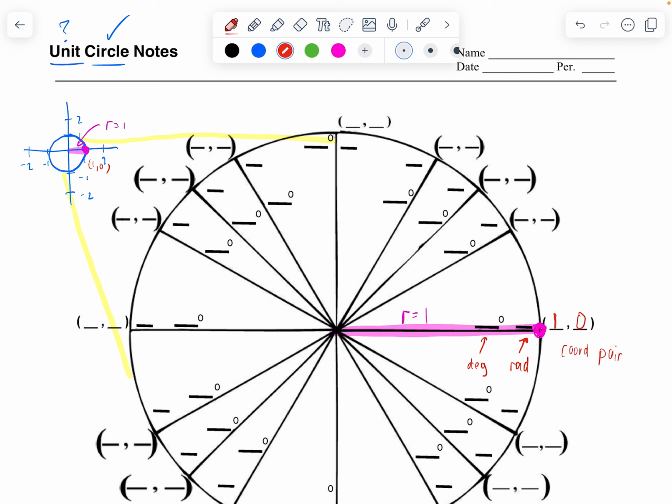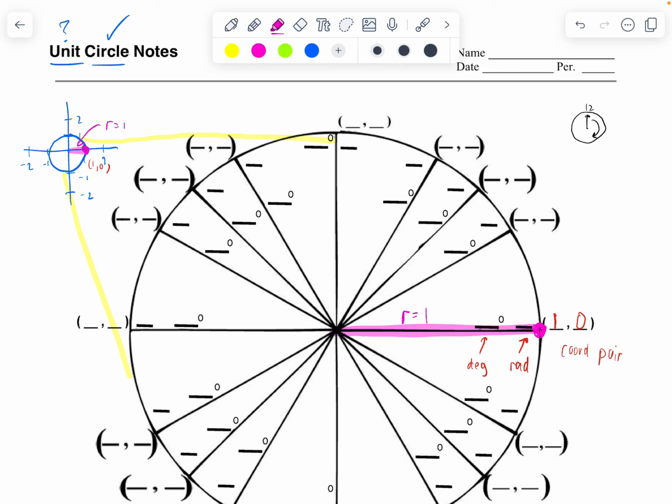So let's start with the degrees because we're most familiar with them. On a unit circle, let's actually talk about a clock. In a clock, we typically start right here at the top, at 12, and then the clock moves in this direction, which we call clockwise.